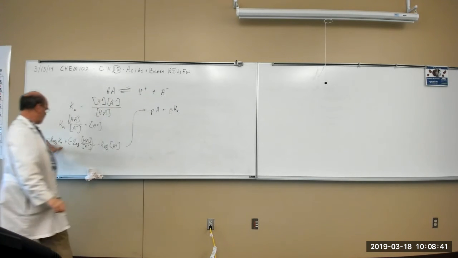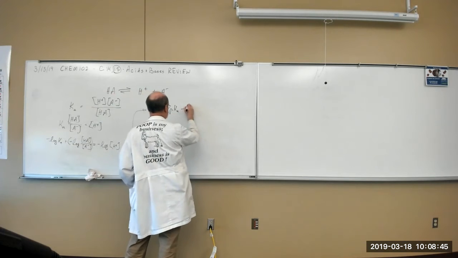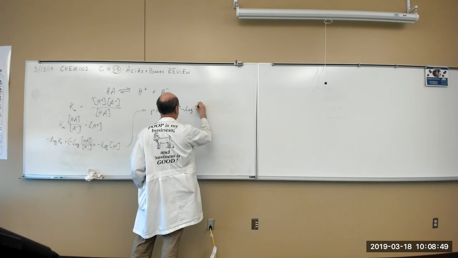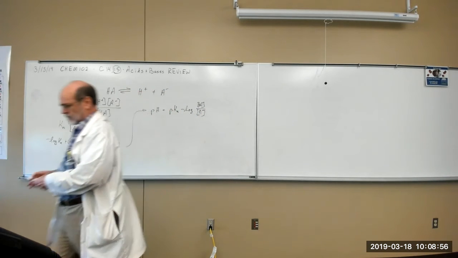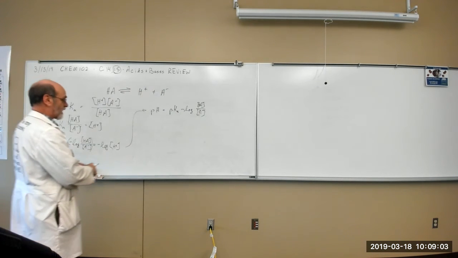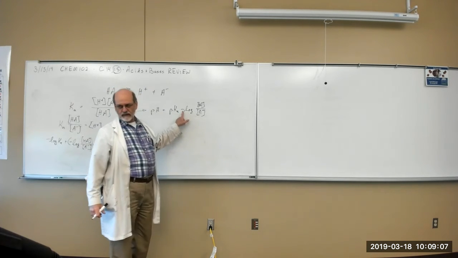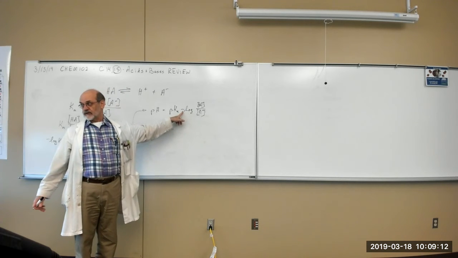pKa for negative log of Ka, and then negative log of acid over base. But they didn't like negative here, so we're going to change it to positive.